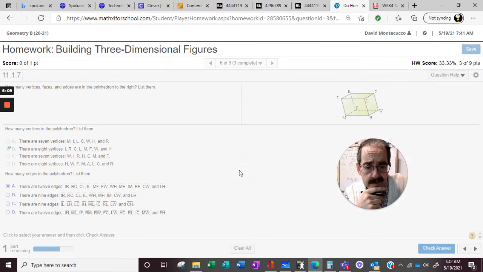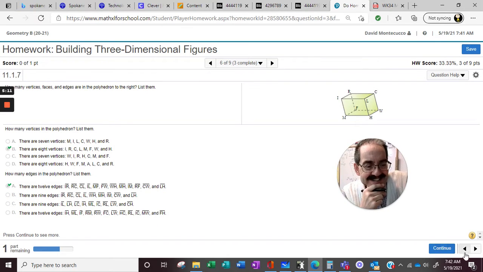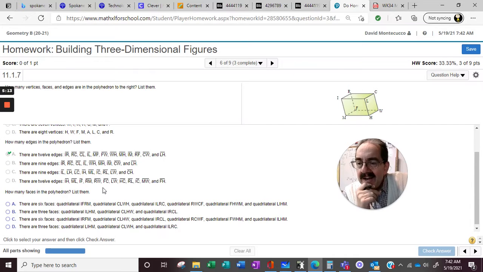Continue. All right, now how many faces? Now faces can be kind of tricky. You have a top and a bottom, and then 4 around the edges, right? So in faces, I think 6.